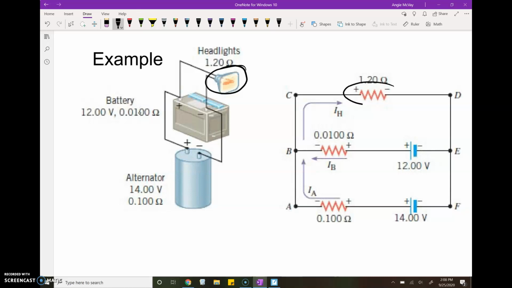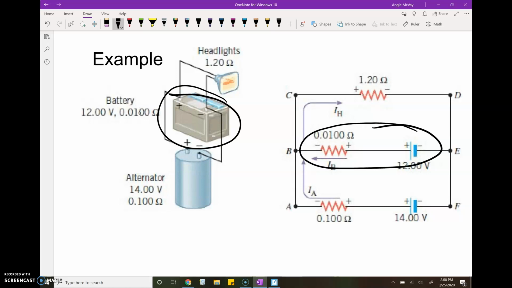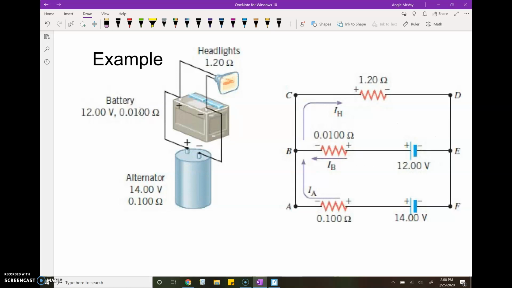That headlight is providing resistance in the circuit of 1.2 ohms. Connected to that is a battery. A battery has some resistance in it, and it provides some potential difference. So that's the middle segment of our circuit.